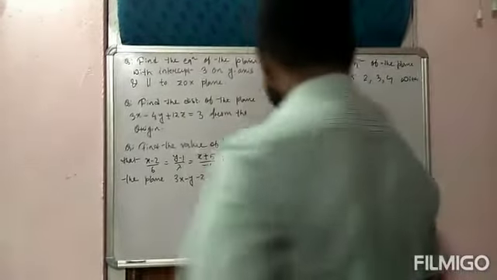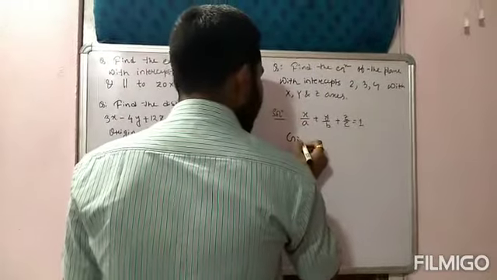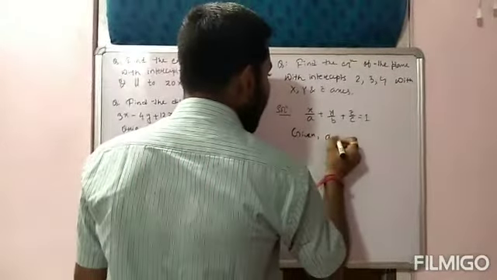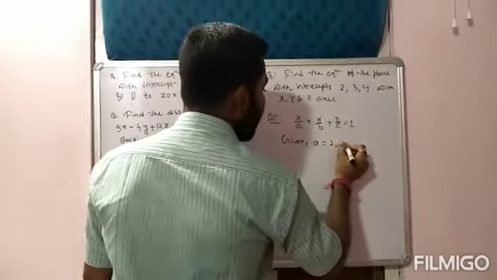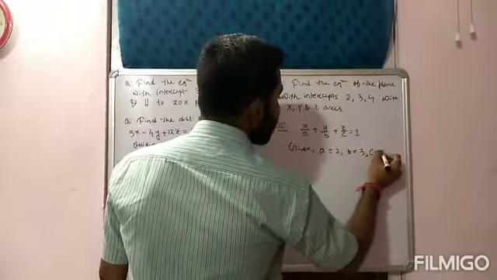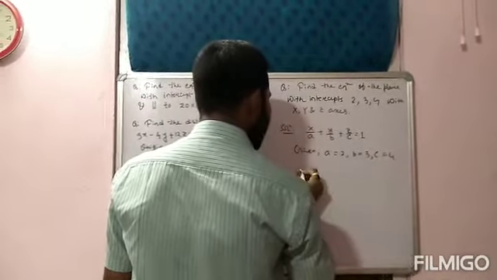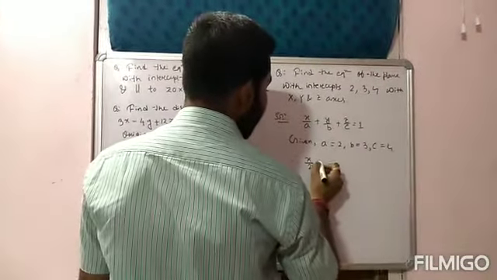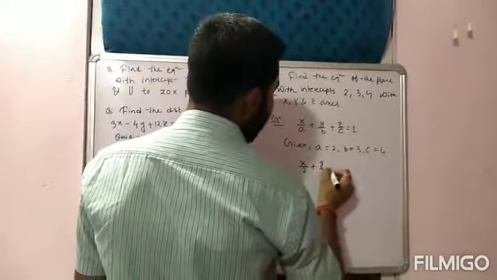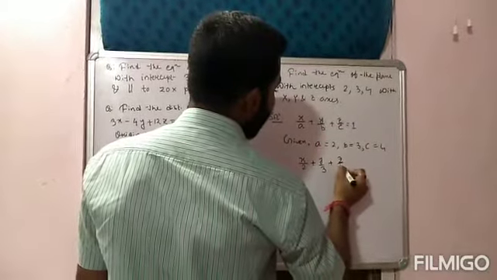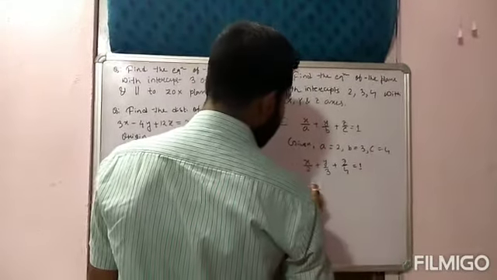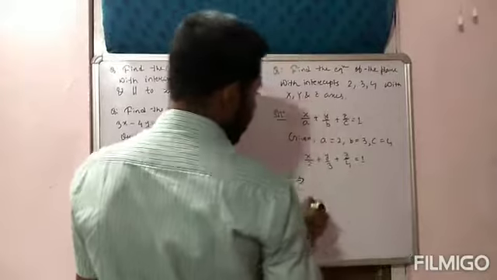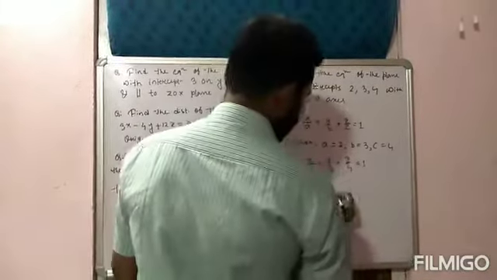So here given a is equal to 2, b is equal to 3, c is equal to 4. So therefore the required equation of the plane is x by 2 plus y by 3 plus z by 4 is equal to 1. If we take LCM, you may take LCM also.